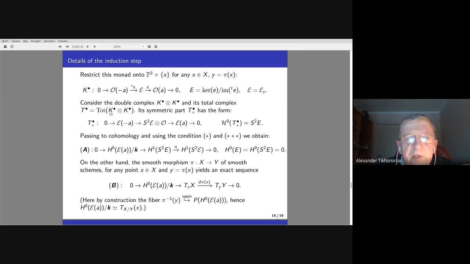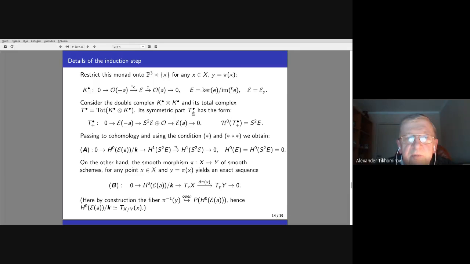So the interchanging of the factors of the double complex induces the involution on T bullet. And so we may distinguish the symmetric part, which I denote T bullet plus.